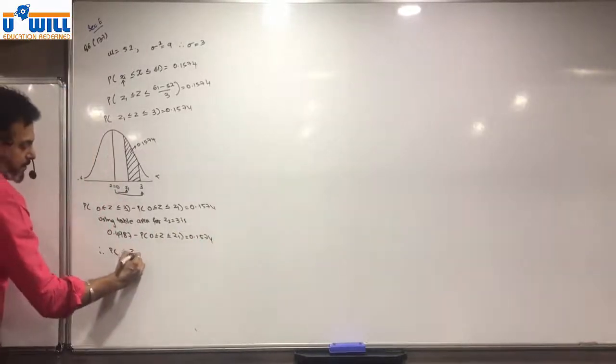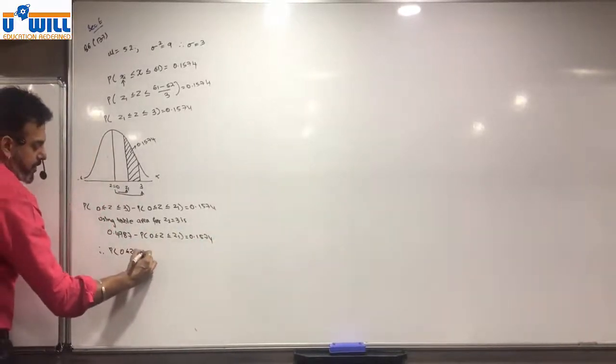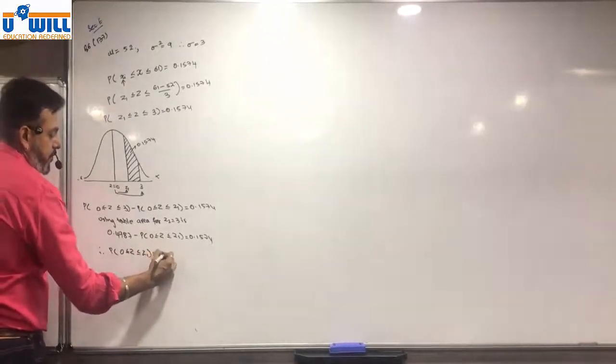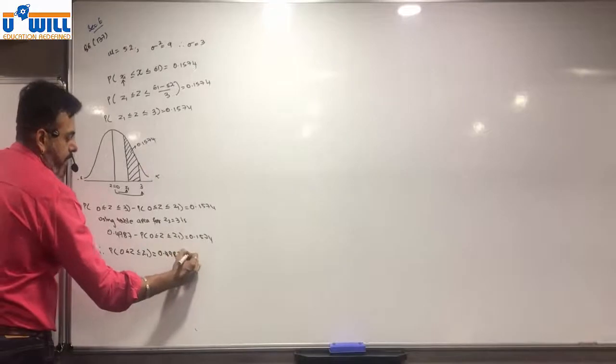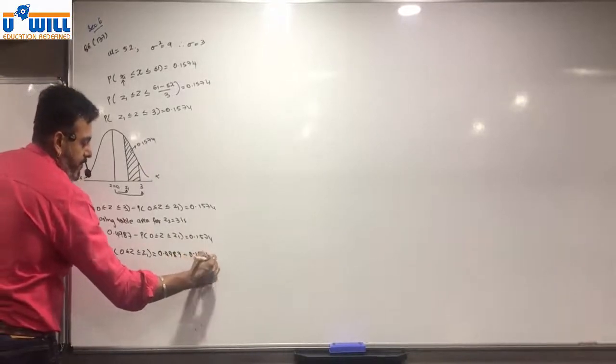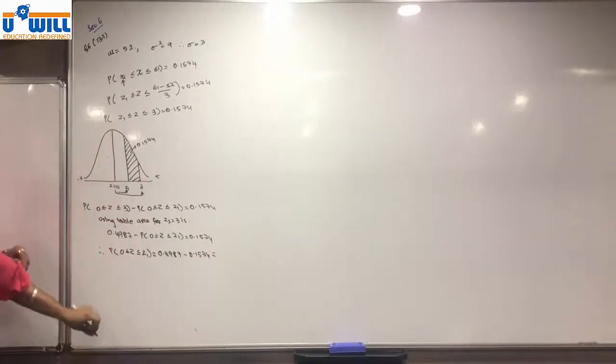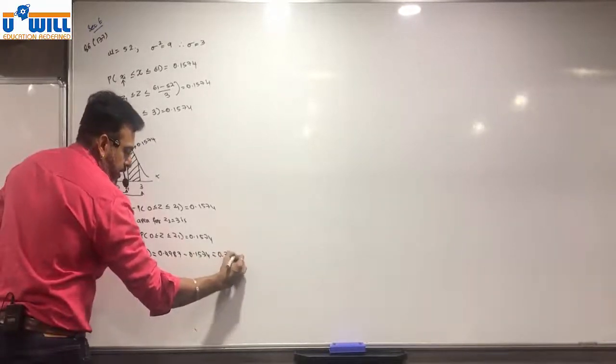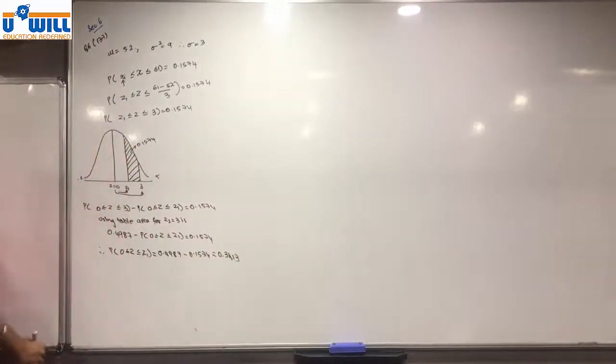Therefore, probability of z greater than equal to 0, less than equal to z1 is equal to 0.4987 minus 0.1574, which is equal to 0.3413.